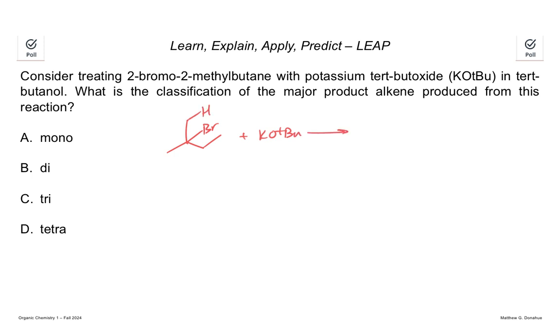So if I just pick one of those 6 and draw it like that, I can lasso out those 2 by the elimination mechanism and then just draw that double bond between them. And so now we would get a di-substituted alkene.